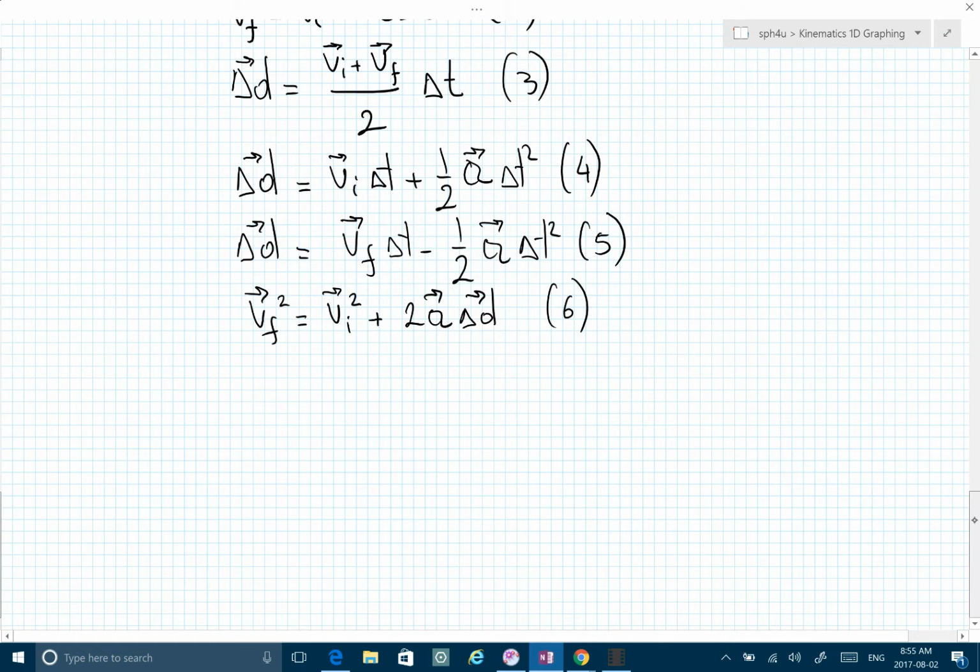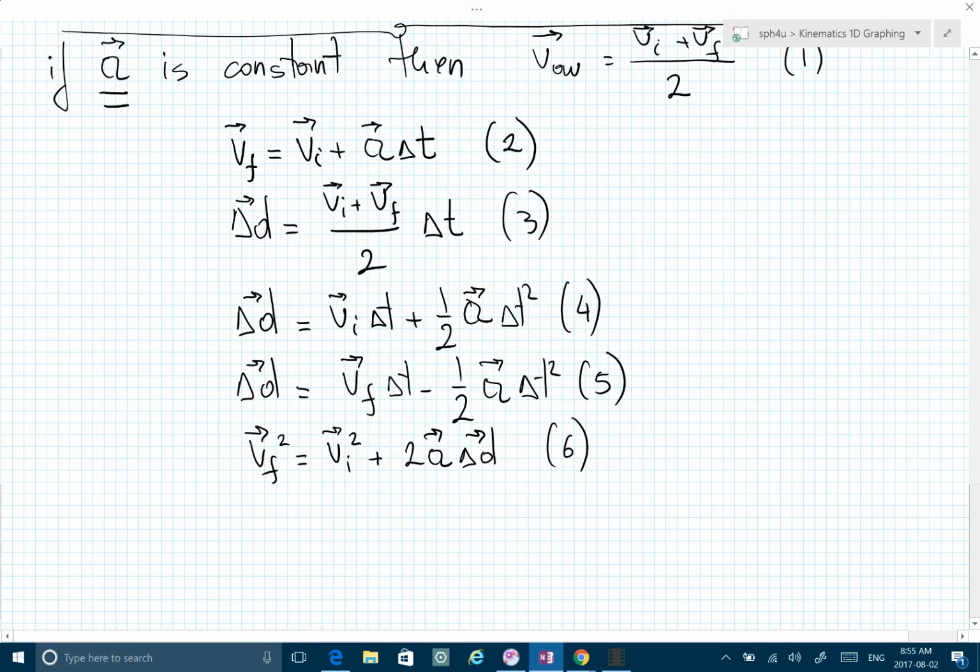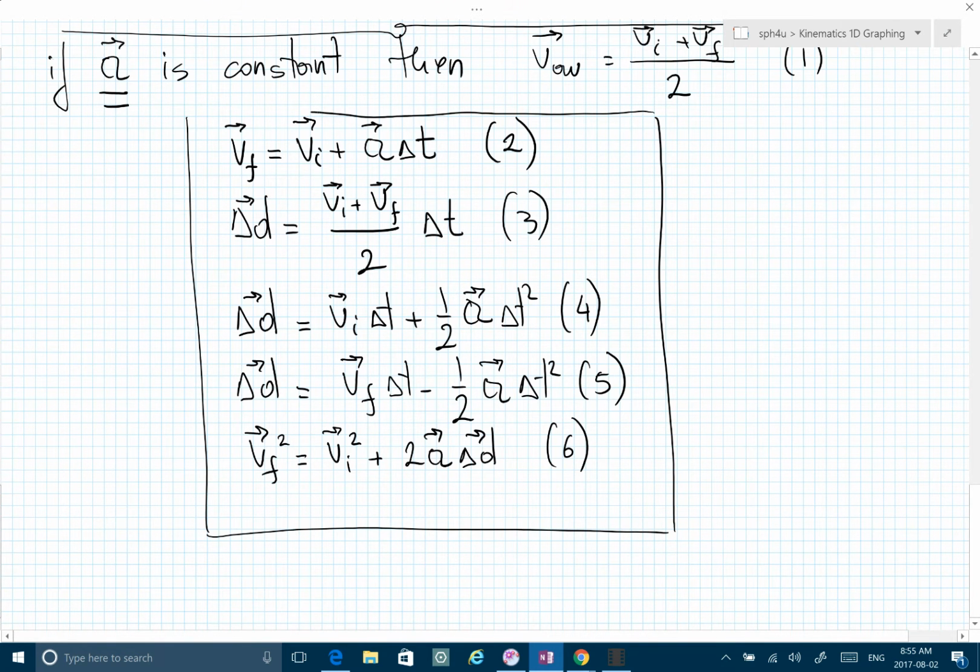All right, so these are the equations that we're going to rely on, whether it is 1D or 2D. Guess what happens if it's in 2 dimensions? We just add the subscript x or y for each of the vector quantities. I'm going to write here, these are vector equations, very important. And they are true only if acceleration is constant.